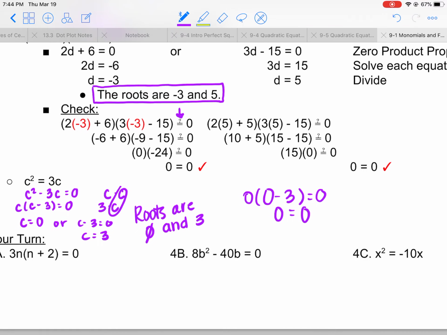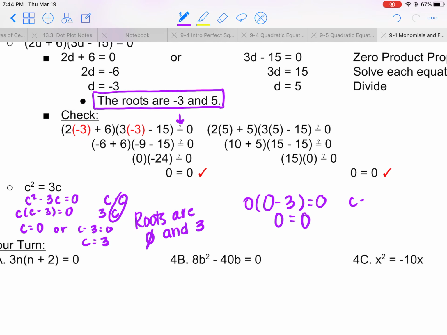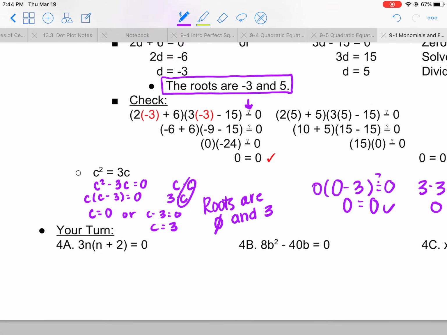Then I also have c minus 3. If I have 3 minus 3, does that equal 0? And the answer is yes, 0 does equal 0. So we have done it correctly.